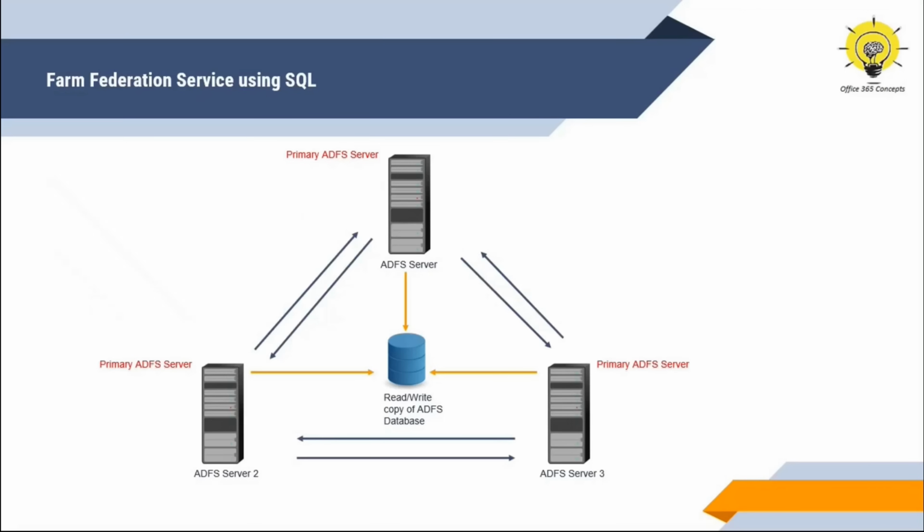So in ADFS with SQL deployment, there is no concept of a secondary ADFS server. All ADFS servers will act as primary ADFS servers. And if you want to make any changes within the ADFS configuration, you can log into any ADFS server and make those changes.